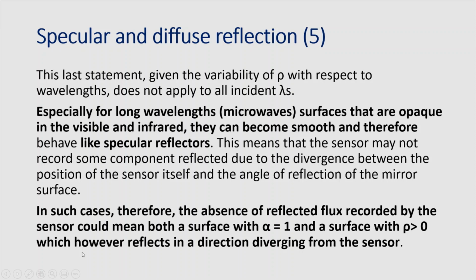In such cases, the absence of reflected flux recorded by the sensor could mean both a surface with an absorption coefficient equal to 1 and a surface with a reflection coefficient bigger than 0, which however reflects in a direction diverging from the sensor.